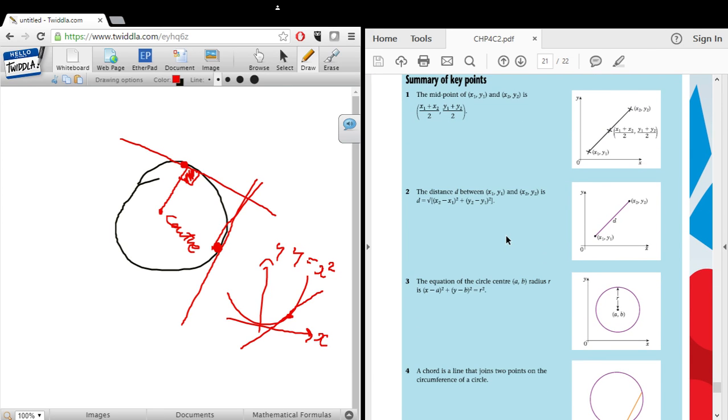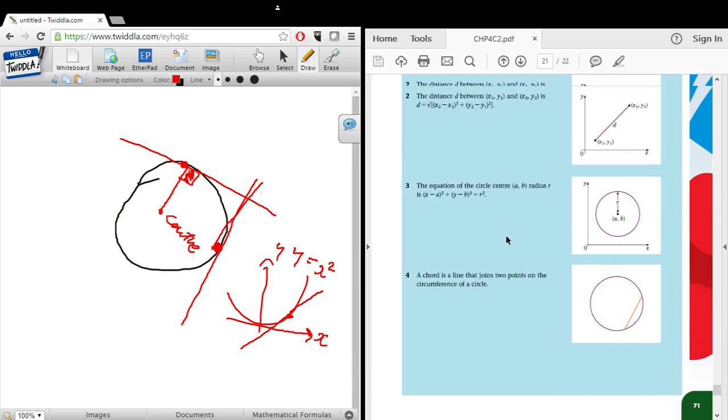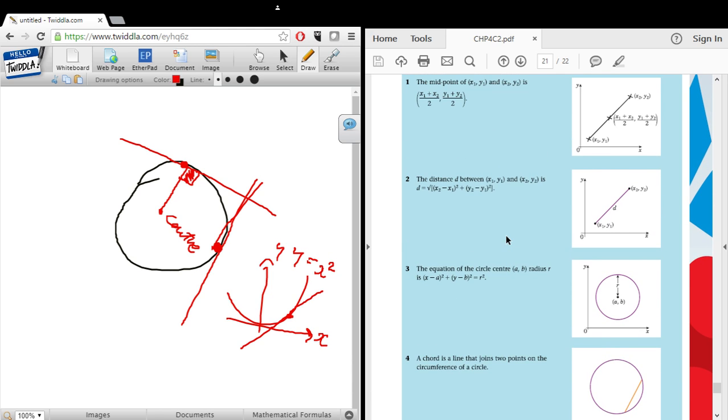Summary of key points. So once more, you can see it's just a simple case of, here is the formula, here are some numerical values, plug them in, and from time to time you might be asked, well, here is another unknown, which is not the conventional unknown in this particular formula, find the unknown. For example, the distance d between these two coordinates using the formula is as follows.